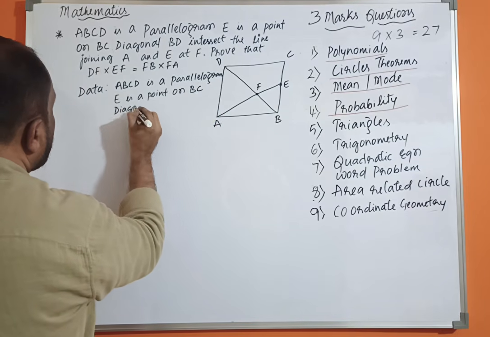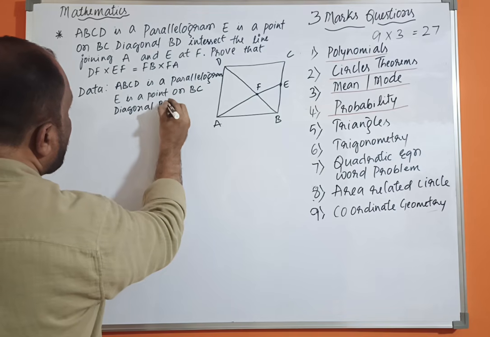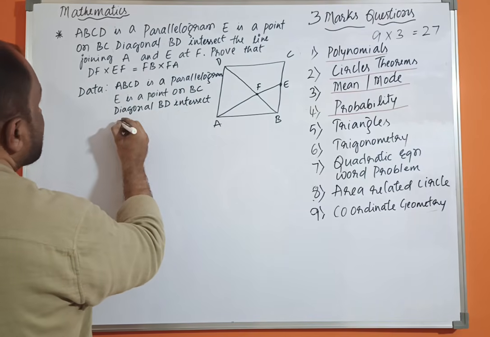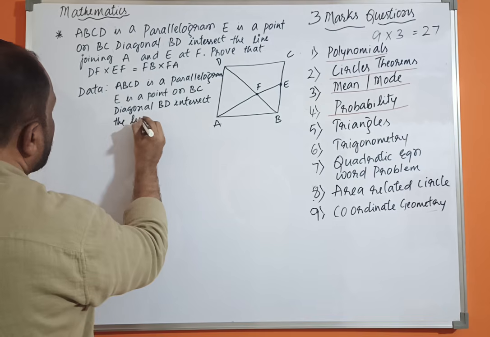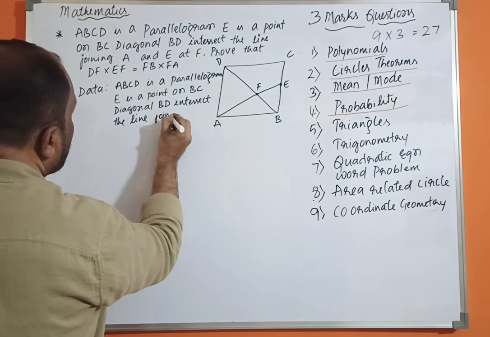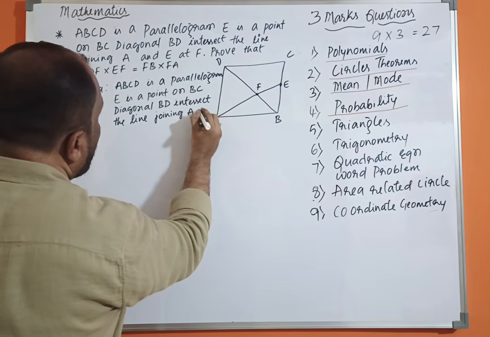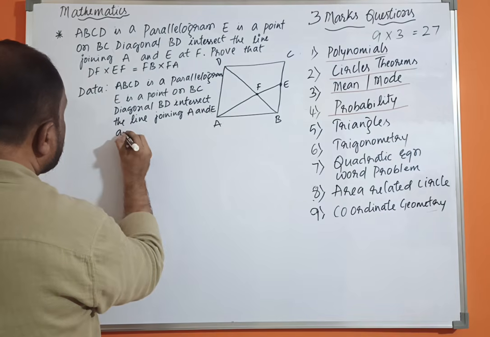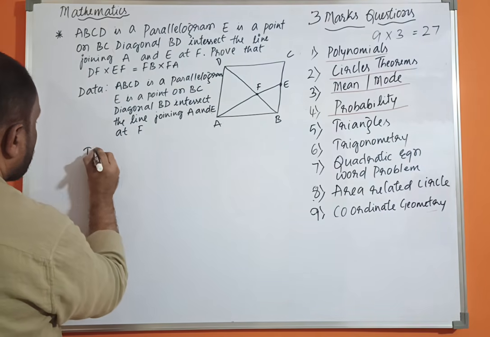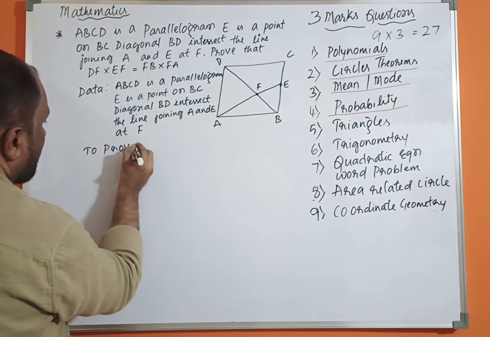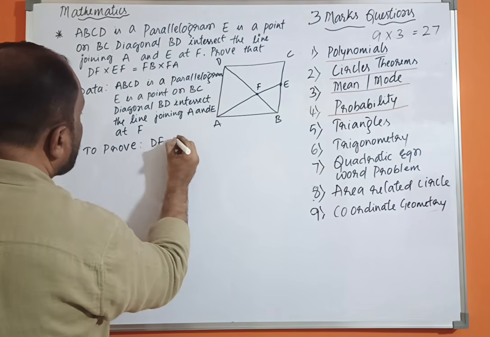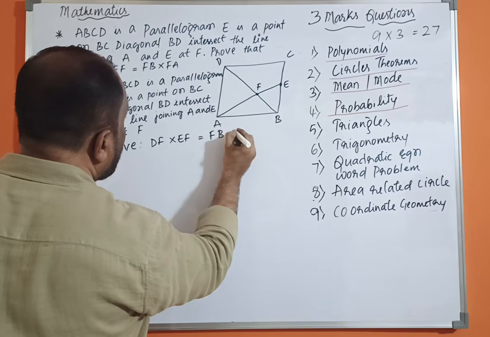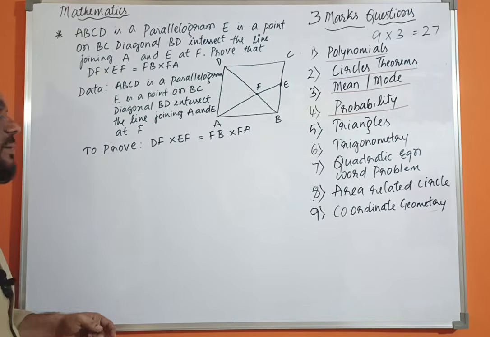Diagonal BD intersects the line joining A and E at F. To prove: DF into EF is equal to FB into FA. Okay, this is the part we are trying to prove.